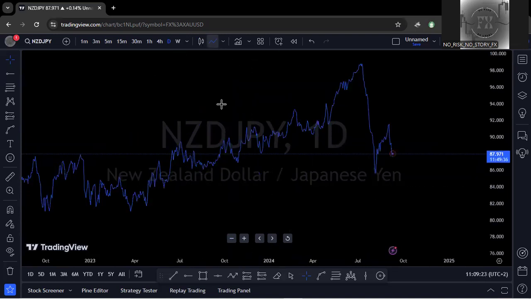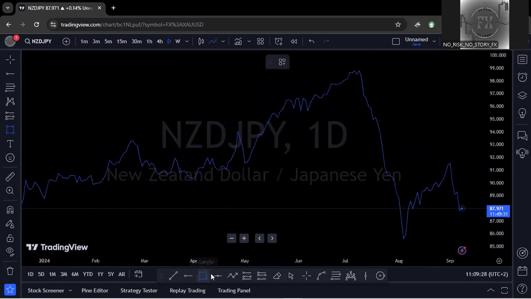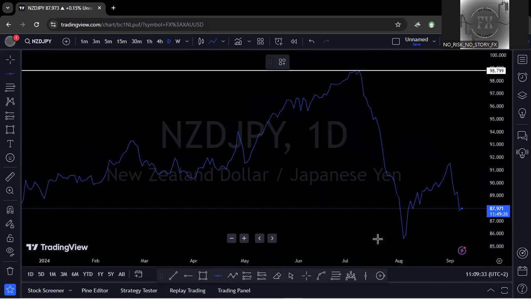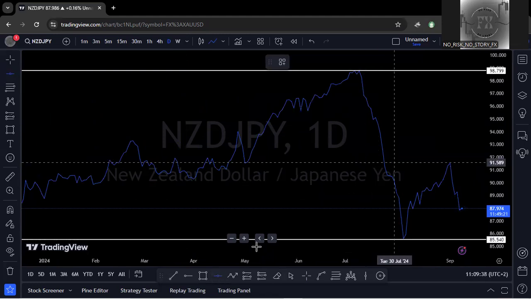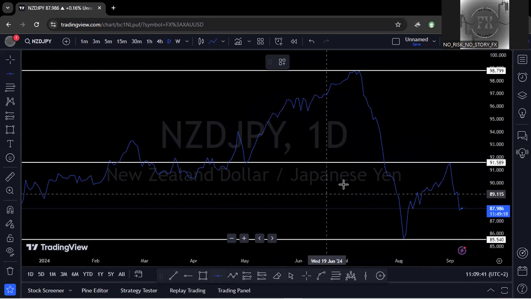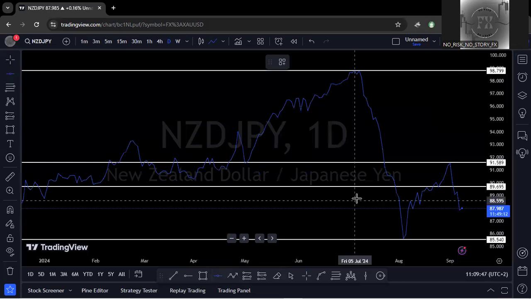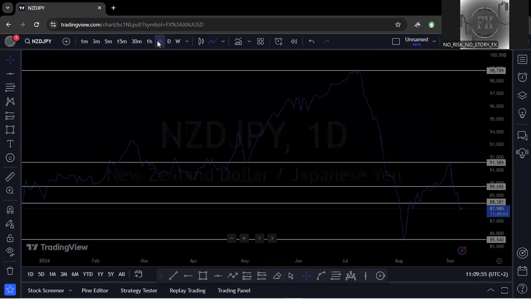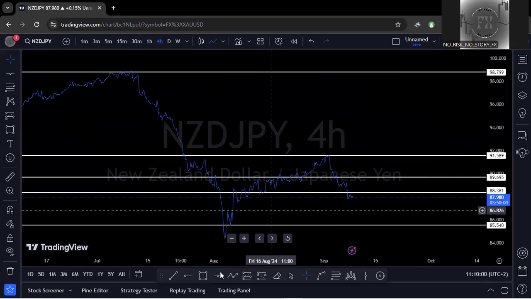Okay, and I would like to remove this to go to my line chart, and then highlight my highest point and my lowest point, and then my current playground area. I think I would like to align this area here. Then let me go to my 4 hour time frame, and on it I would like to adjust my areas.